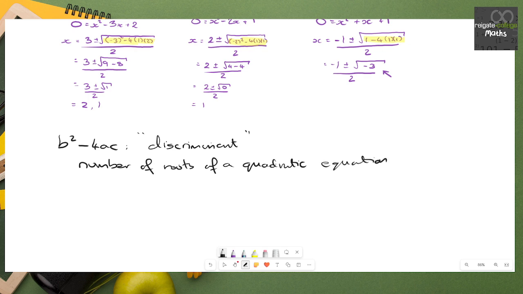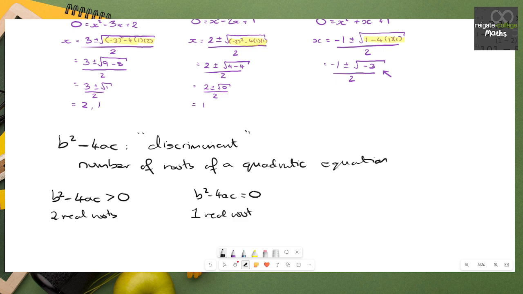So we saw on this left-hand one that this b squared minus 4ac thing underneath the square root sign was bigger than 0. So that meant we had 2 real roots. In this middle example, this b squared minus 4ac was equal to 0, and we had 1 real root. Now, the issue with this middle case is that technically we have 2 roots, but they're the same number.